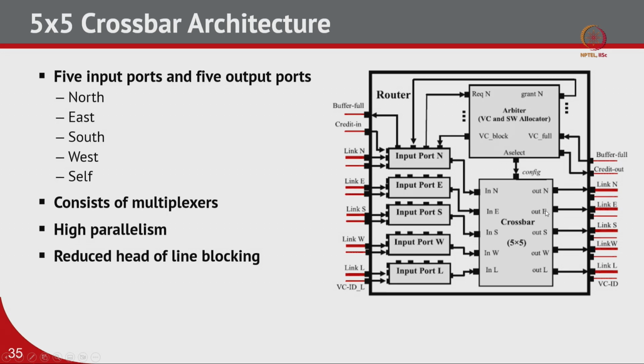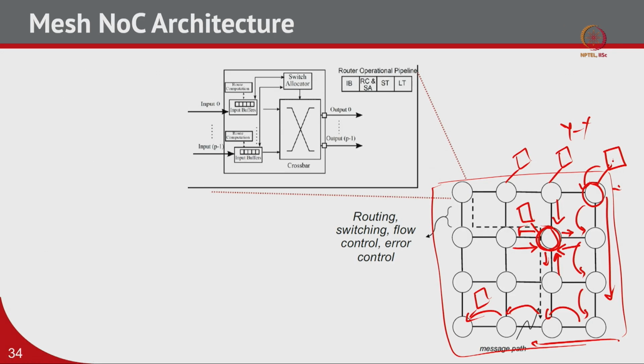In that case, we need to know how to route the data. We should have a proper routing protocol, or a proper data forwarding protocol. In short, there can be 5 input ports and 5 output ports for each router. This figure shows what is inside the router: multiple input ports and multiple output ports.